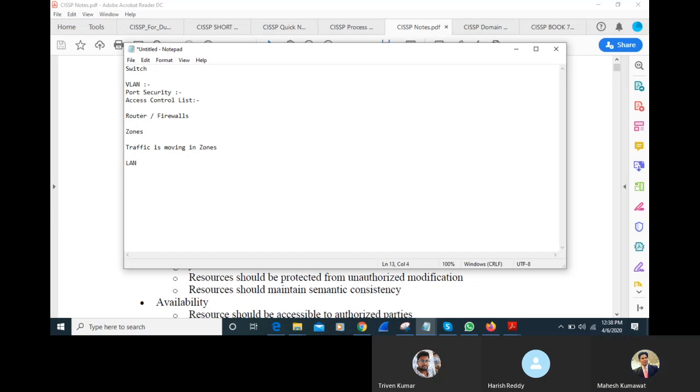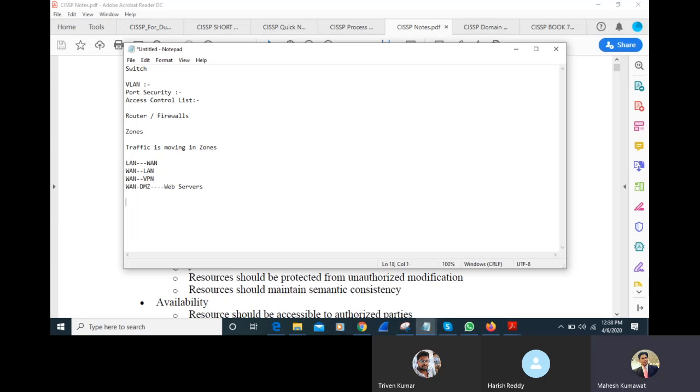So LAN to WAN zone, WAN to VPN zone, WAN to VM zone. Okay, so if we're talking about web servers, the web server is basically coming in the cities.